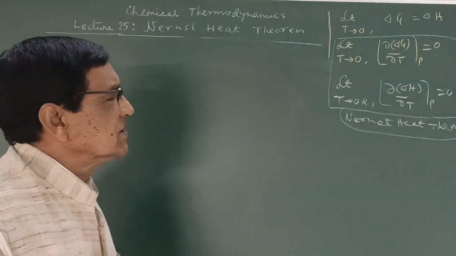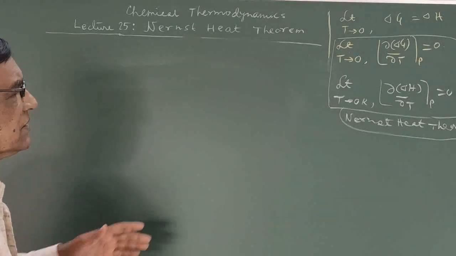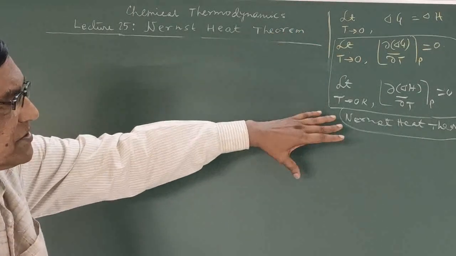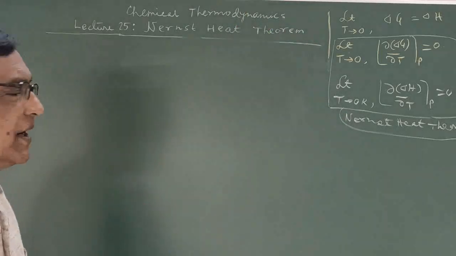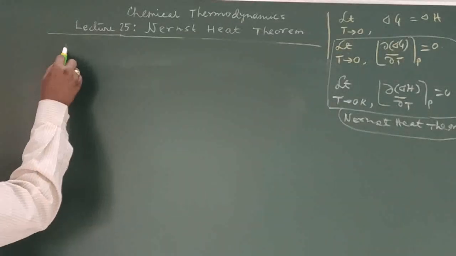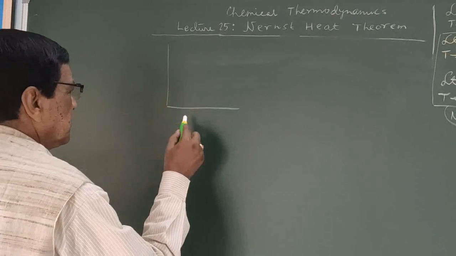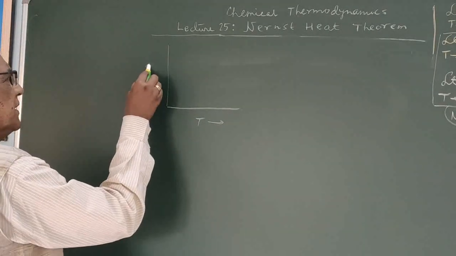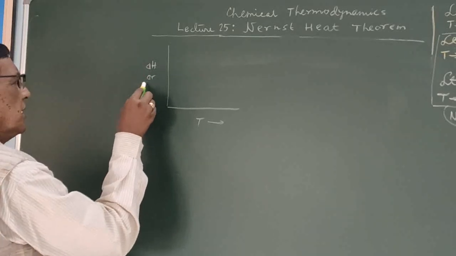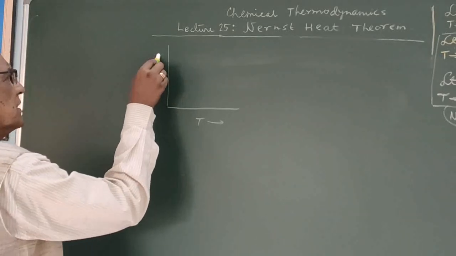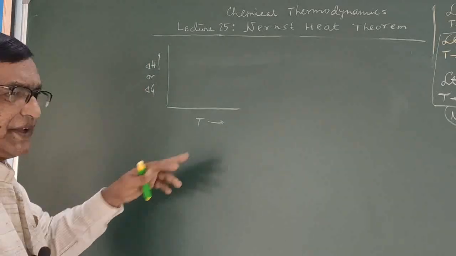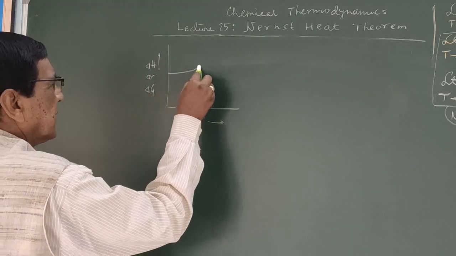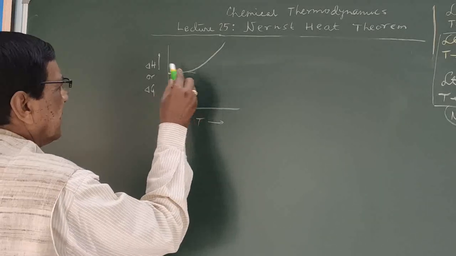And these two relations, the Nernst heat theorem, if we plot in a graph, then it becomes like this: suppose this is T and here delta H or delta G. These two are plotted against T, and this experimental curve is like that.